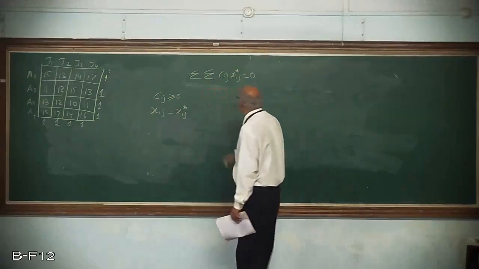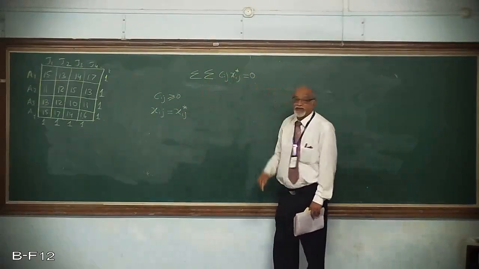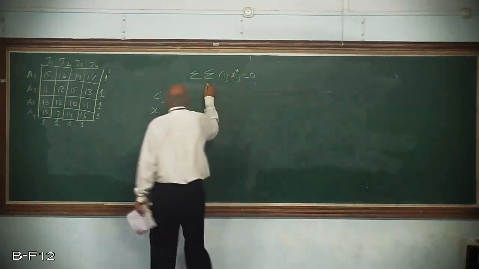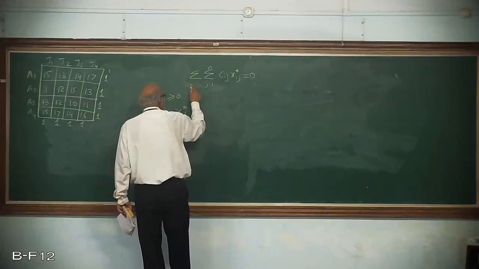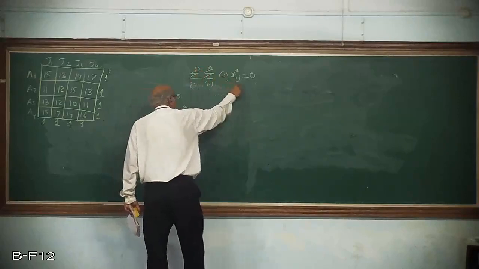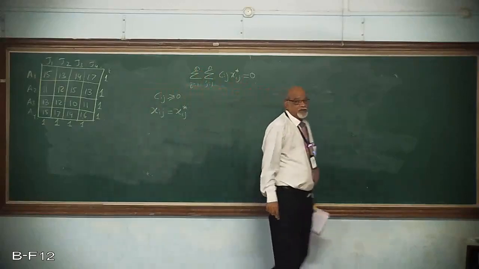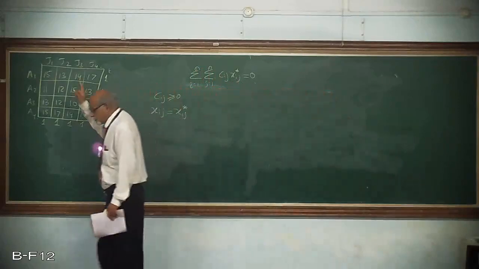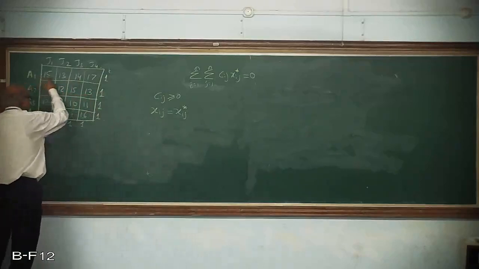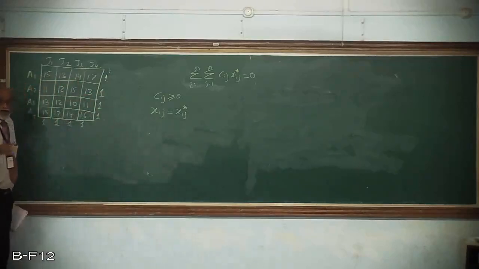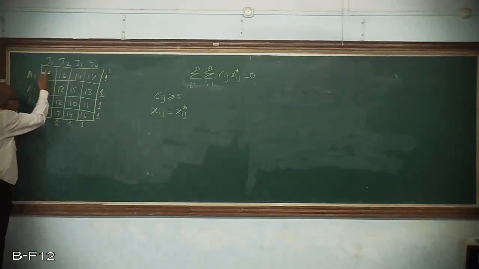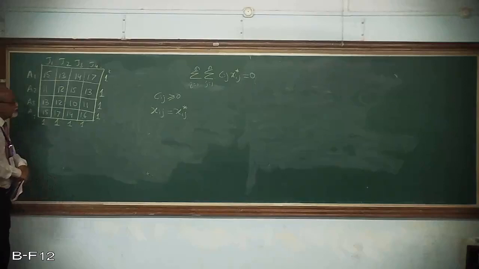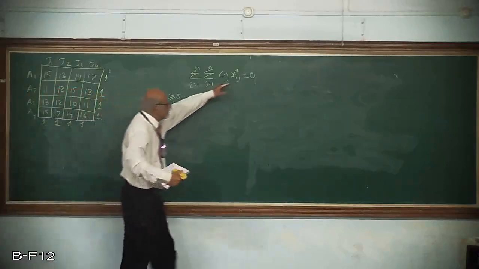I will make the Cij values in such a way that the total multiplication, with j equal to 1 to n and i equal to 1 to n, becomes 0. In essence, what I am trying to do here is create more zeros in the Cij's, so that if I go on adding those things, totally it will become 0.